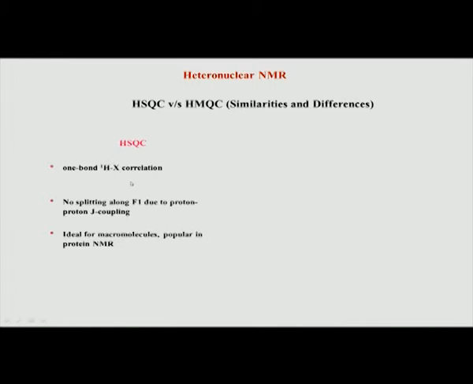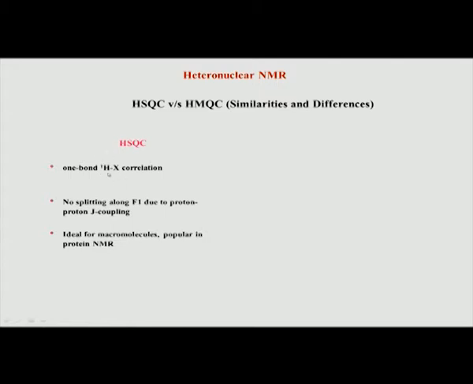Remember, we looked at the INEPT pulse sequence block, and there we discussed that you have to calculate the delays exactly for the coupling value. If you do not set the delay in INEPT according to the coupling value, the efficiency of transfer is less. Therefore, to get maximum transfer, we have to tune it to the coupling value.